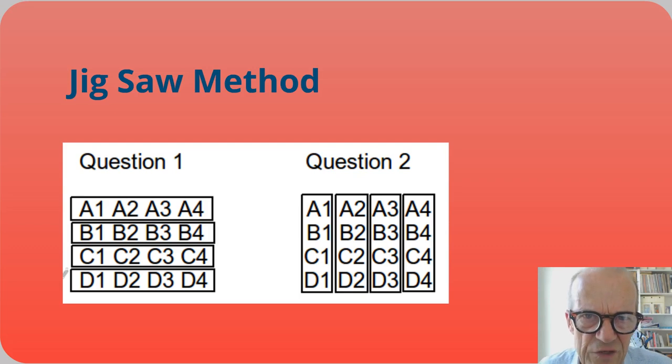Let's imagine that you have 16 students in your group, and that you arrange them originally in 4 teams of 4. The A team, the B team, the C team, and the D team. And that you ask each group to study a question which is related to the other questions.